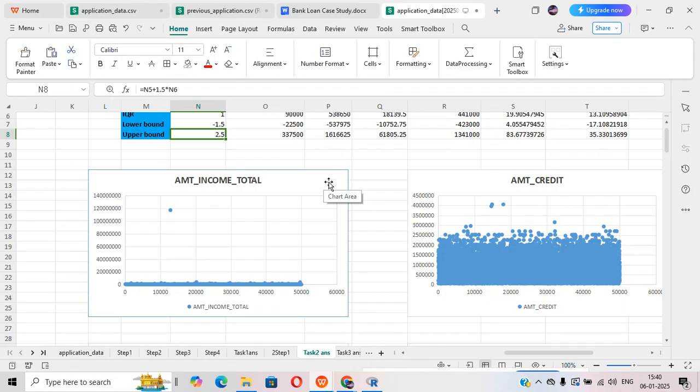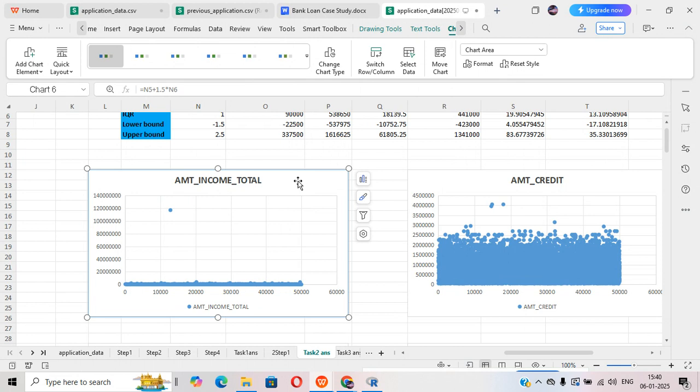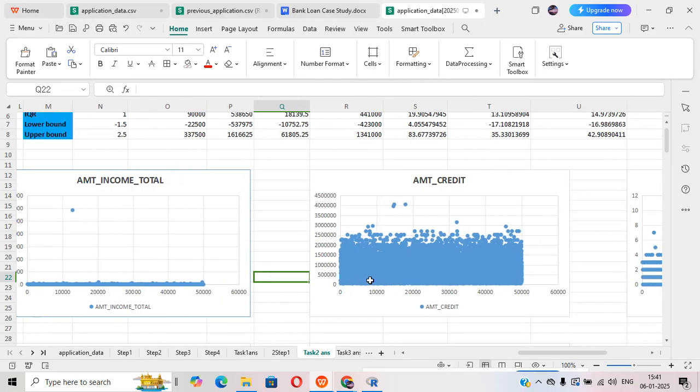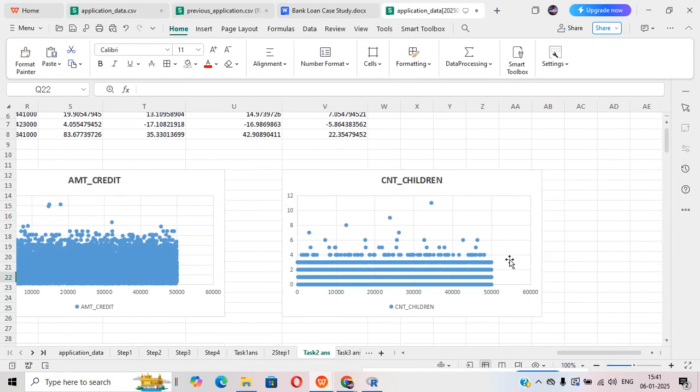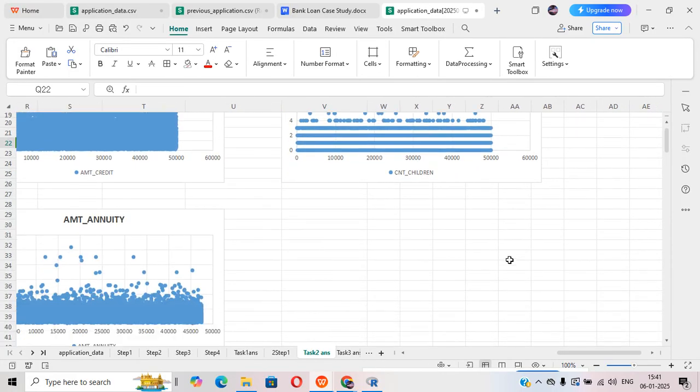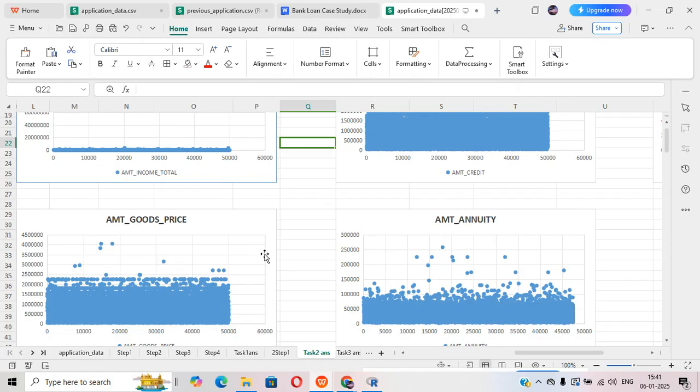For income total, and for all these charts, I have used the scatter plot. For AMT, this is the scatter chart I have got. Similarly for AMT credit, CNT children, AMT annuity, and goods price.